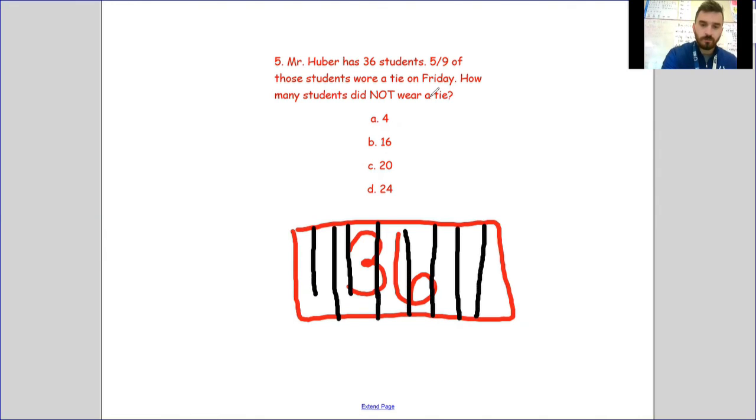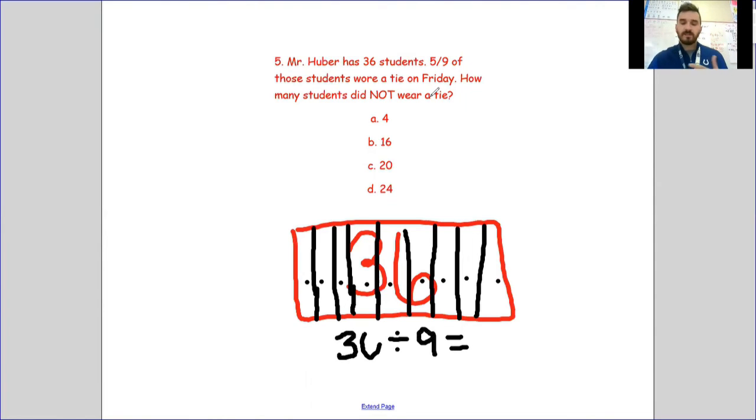I mean, I know my pictures are bad, but that one's pretty rough. All right, so I got 1, 2, 3, 4, 5, 6, 7, 8, 9. Now I'm going to write an equation to match exactly what I just did. I just took my 36 students and split them into ninths.